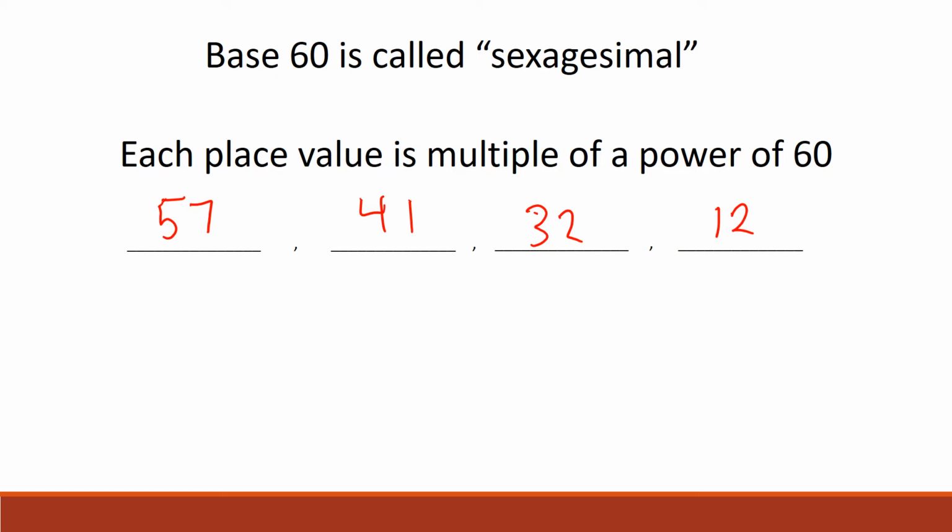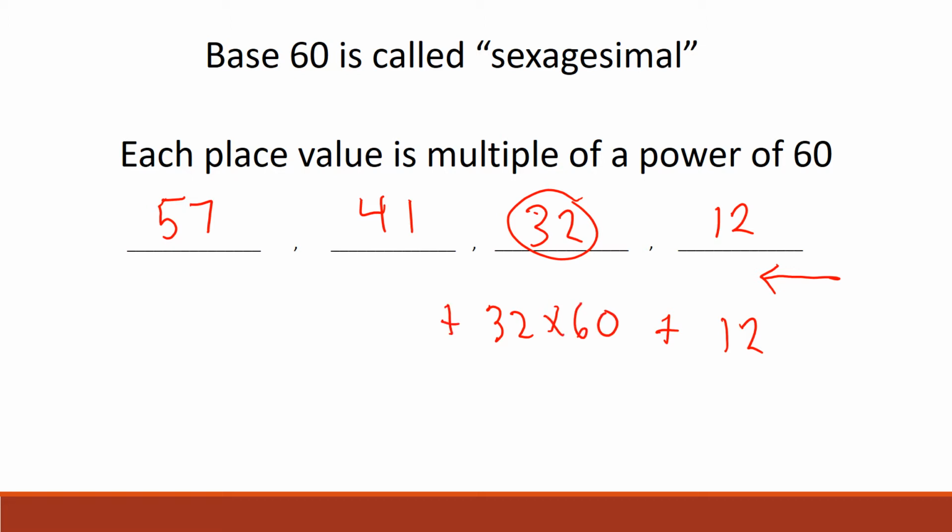Now this is the modern representation using Hindu Arabic numerals, just to give you the idea of how the powers of 60 work. As we read from right to left, the first symbol means whatever it is. So 12 means 12. But 32 doesn't really mean 32. It actually means 32 times 60.